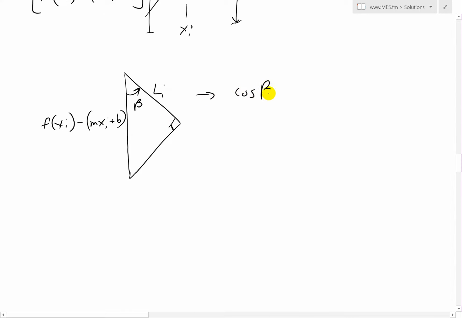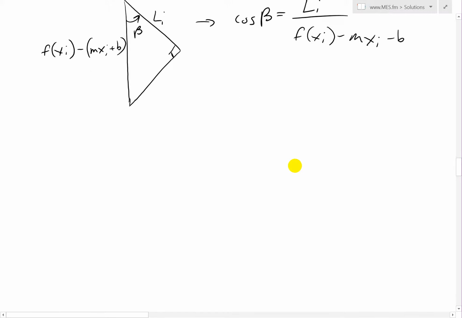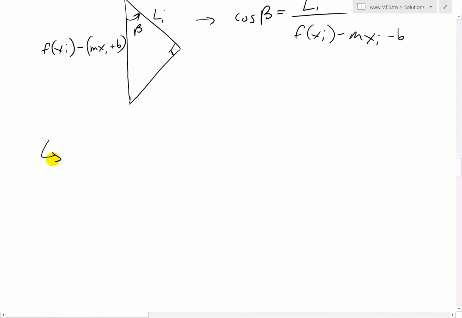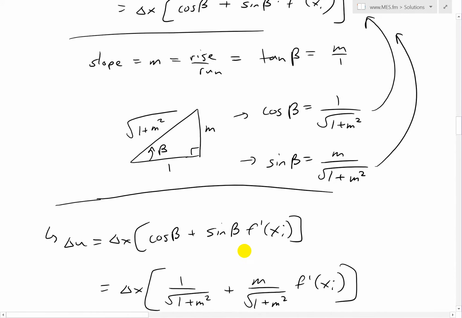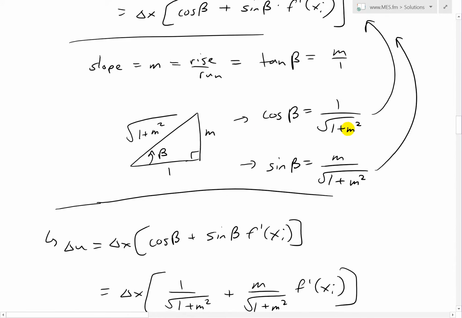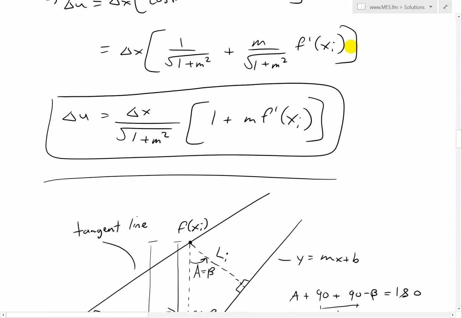Cosine of beta is equal to Li divided by the hypotenuse, f of xi minus m xi plus b. I'll just subtract it out, so negative m xi minus b, like that. And then we have cosine beta again. We already solved this. Let's just go all the way back here. So cosine beta is, we've solved this before, 1 divided by the square root of 1 plus m squared.